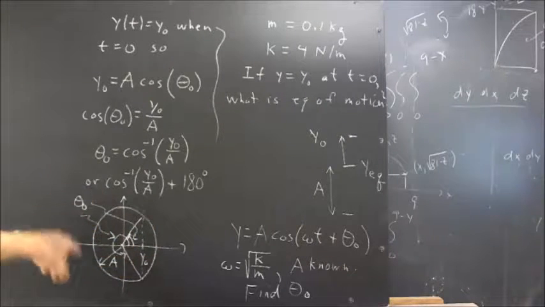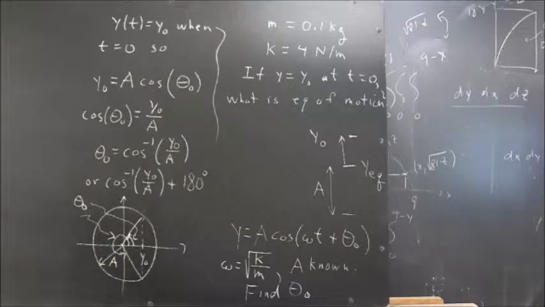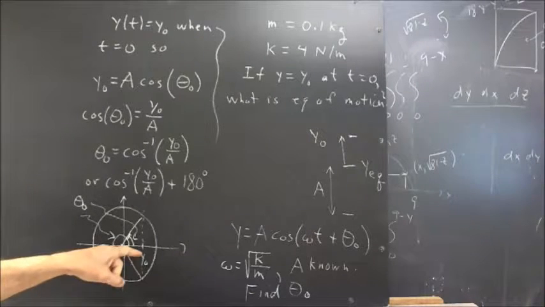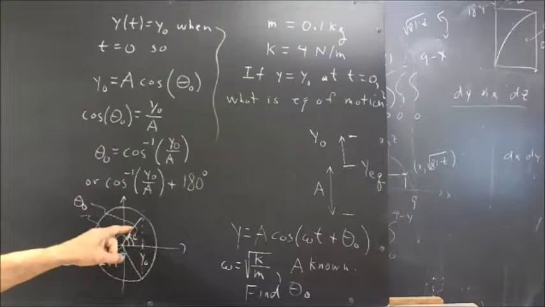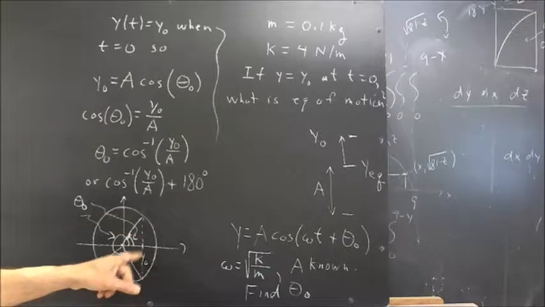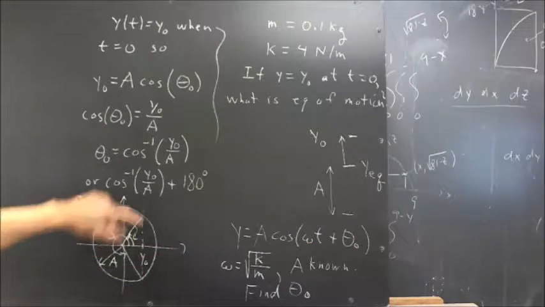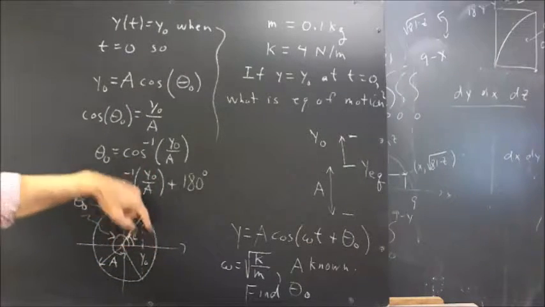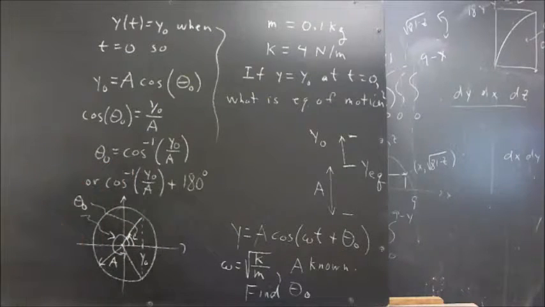If motion is in the counterclockwise direction, then if theta naught is this, then y naught would be decreasing at the initial instant, because we'd be here on the reference circle.